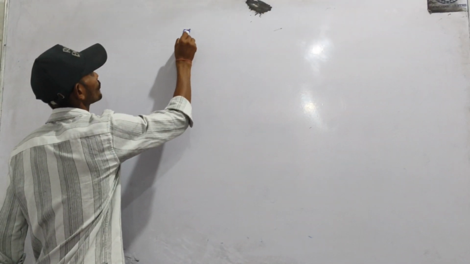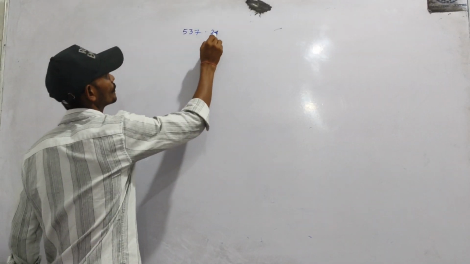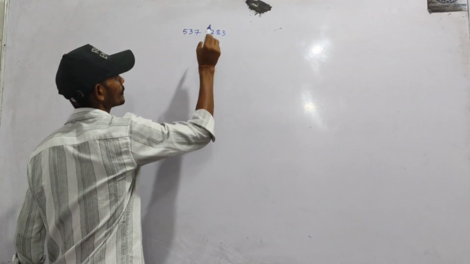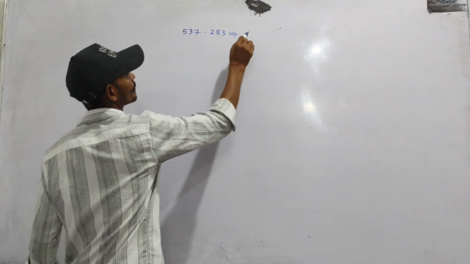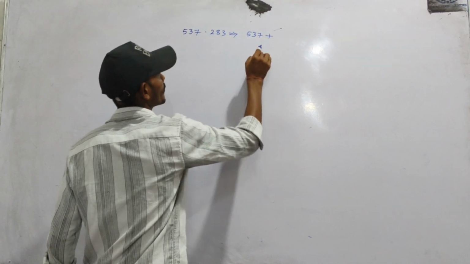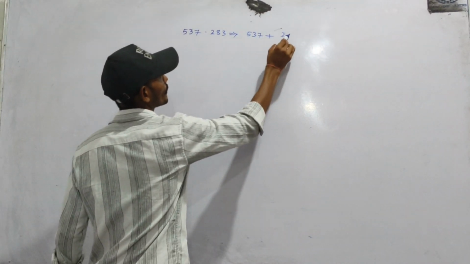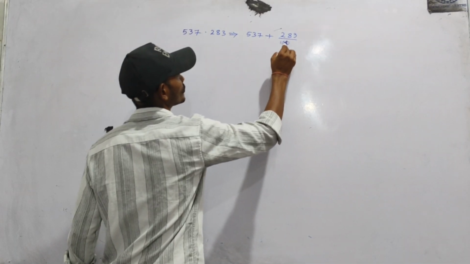In decimals, one more example. Observe here: 537.283. So I am writing 537 is the whole part and this is the fractional part, 283 by 1000.